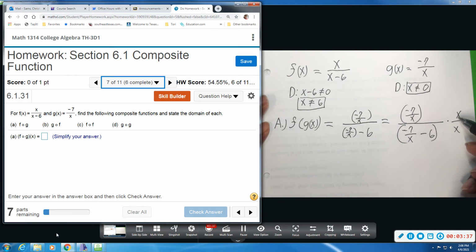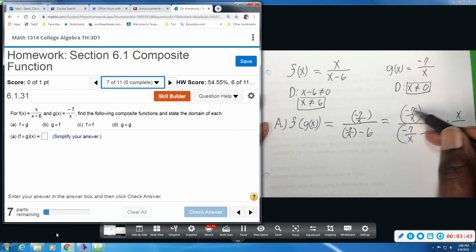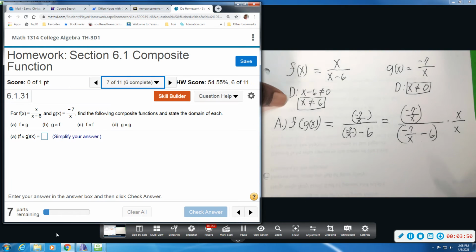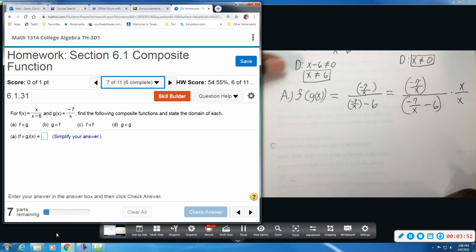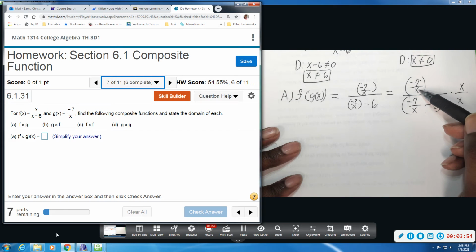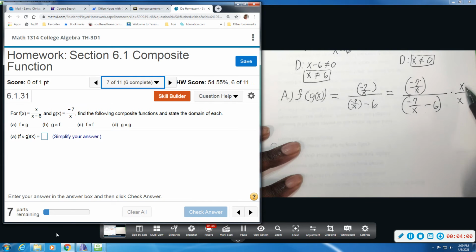So we're distributing x here, and we're multiplying this by x here. When we multiply by x, it cancels out division by x. It's really negative 7x on top divided by x, which is going to get rid of division. That's the whole reason why we're multiplying by x, is to get rid of division. Again, how did I come up with that? I had a denominator in the numerator and in the denominator, you find the common denominator between those two, which is x, and once you find that, you multiply it through on top and bottom.